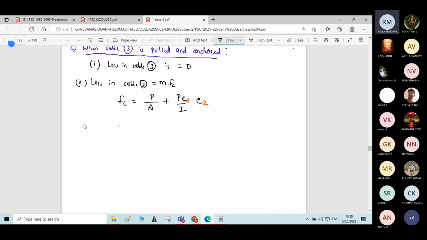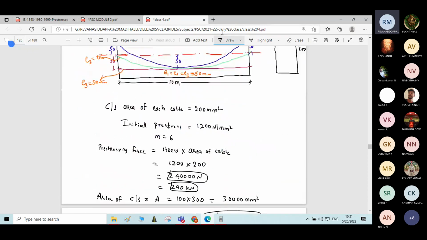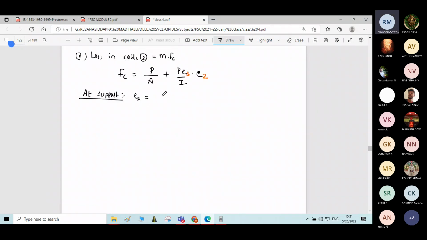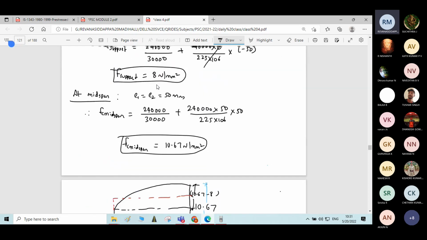At support, just look at the values of E2 and E3. From the figure, E2 at support is 0 and E3 at support is plus 50 mm. Therefore, FC is equal to P by A, where P is 240,000 divided by area 30,000, or else you can directly substitute P by A as 8.